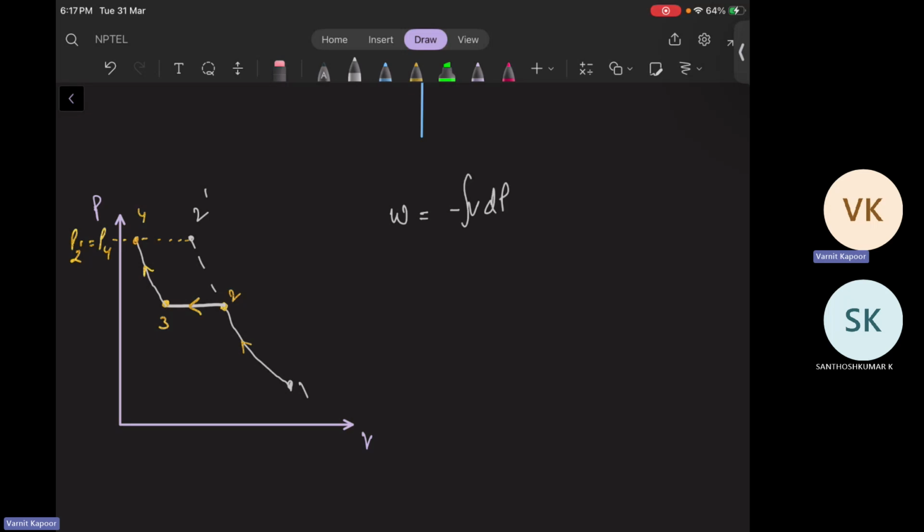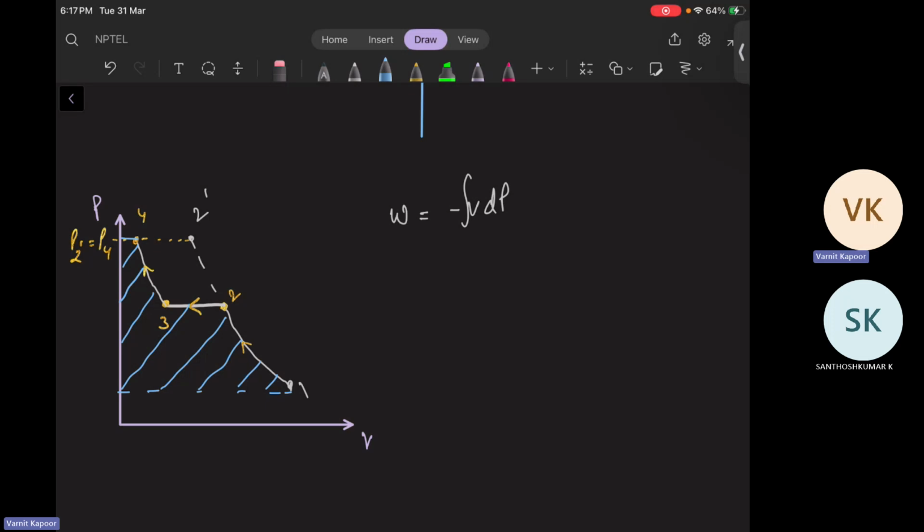That means you are taking the area under the graph, and your axis will be defined from this region to this region, so change in the pressure. So this will be your area under the graph for an open system. You are seeing at same volume how the pressure has been changed.